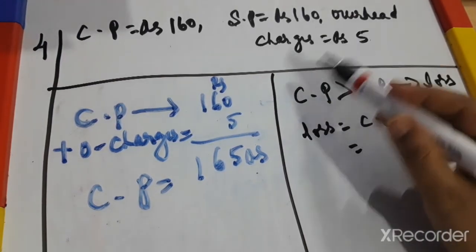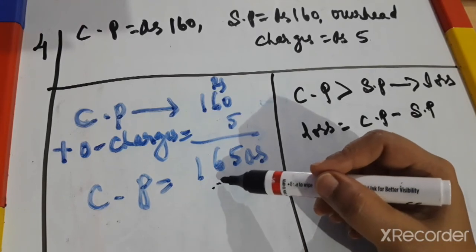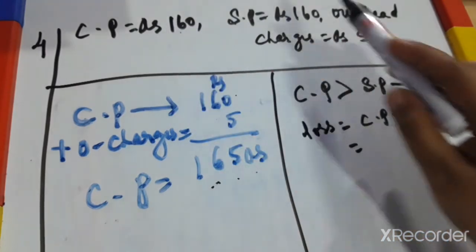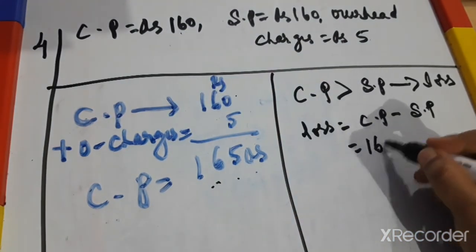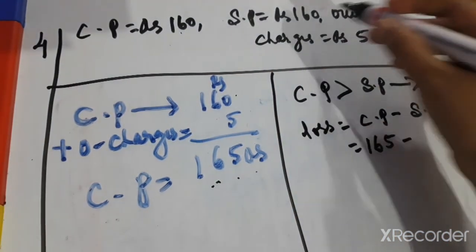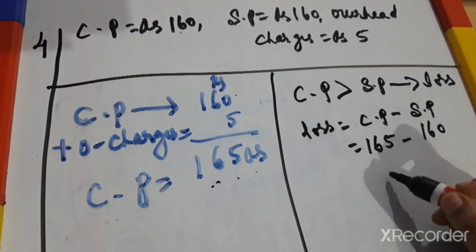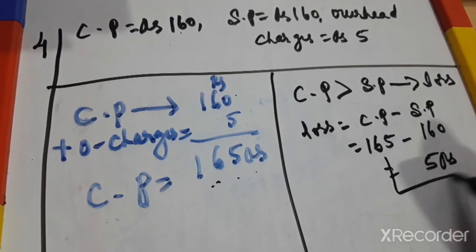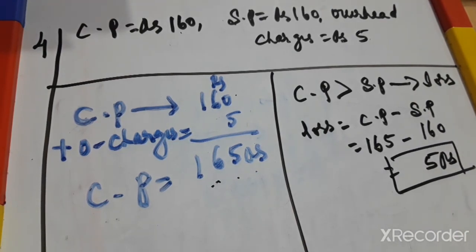What is the cost price? Now we have to consider 165, not 160. Not 160, but 160 plus 5. So 165 is the cost price minus selling price 160. What is the difference? 5 rupees. Loss is 5 rupees. That is the answer.